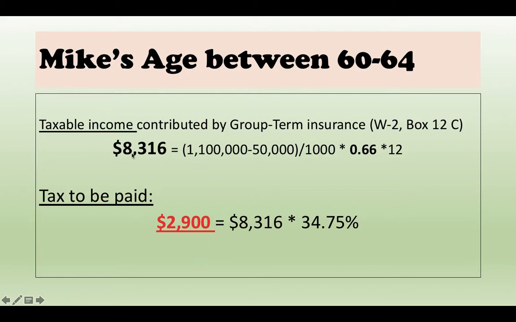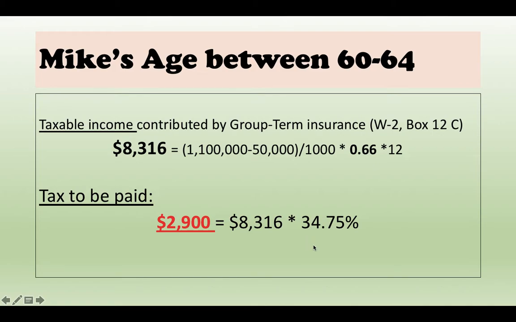Once you have the taxable income, if you didn't have this insurance, your taxable income would be lower by this amount. Since it is increased by this amount, it should be taxed at your marginal tax rate.